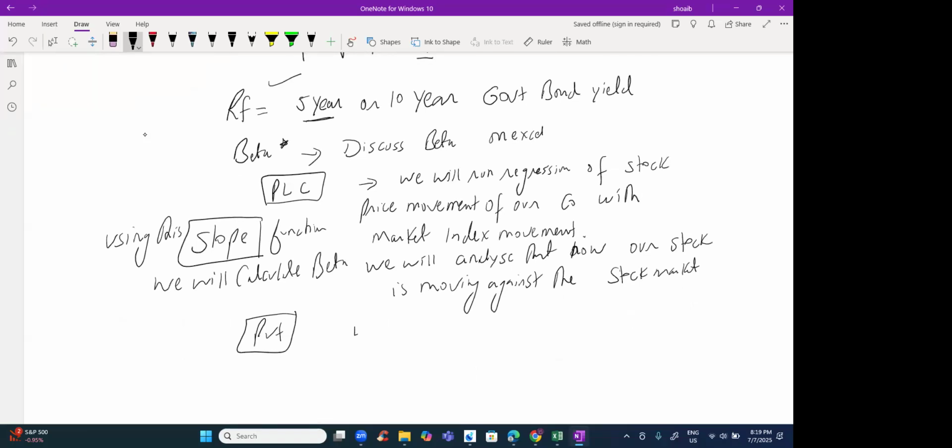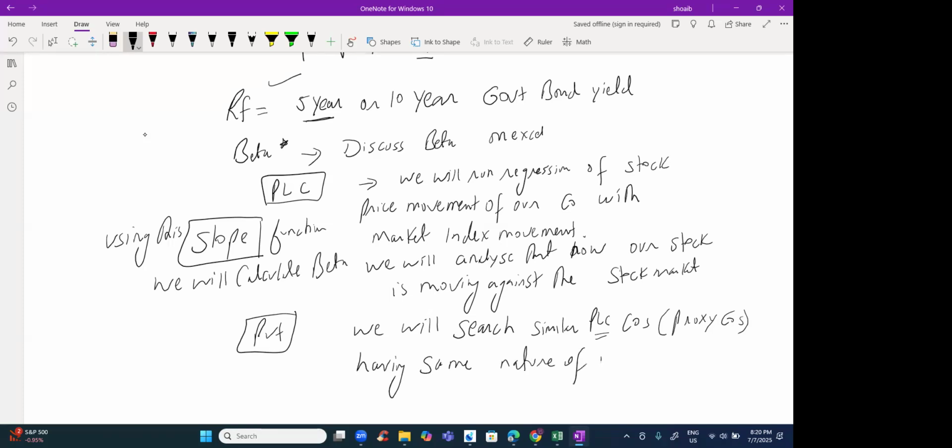Okay, for a private company, we will search similar companies called proxy companies. For example, if our private company is in the cement sector, we will search similar companies in cement, but they should be public listed companies. We will search similar public listed companies having the same nature of business.